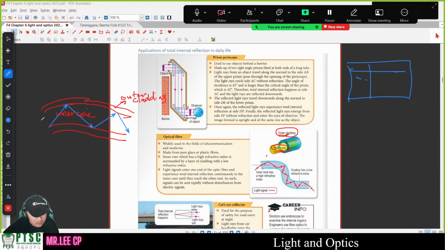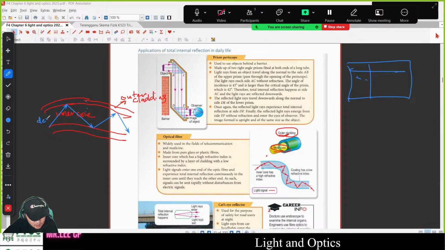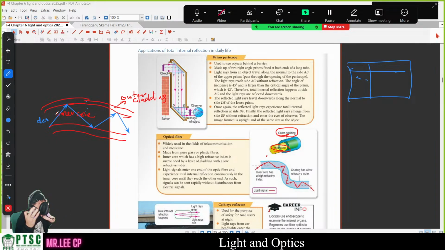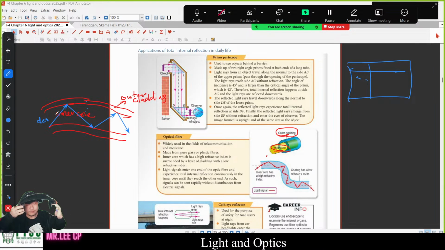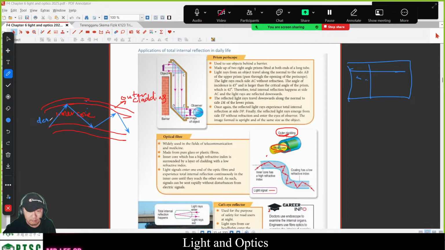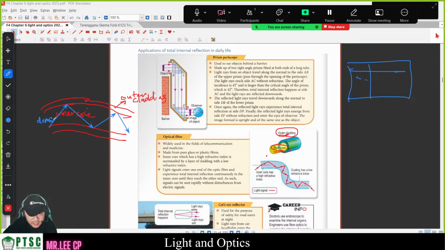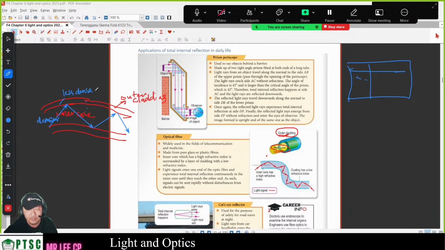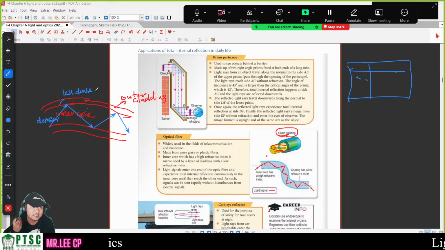This one is denser, this is less dense. You want total internal reflection to occur, so the light must travel from denser to less dense.